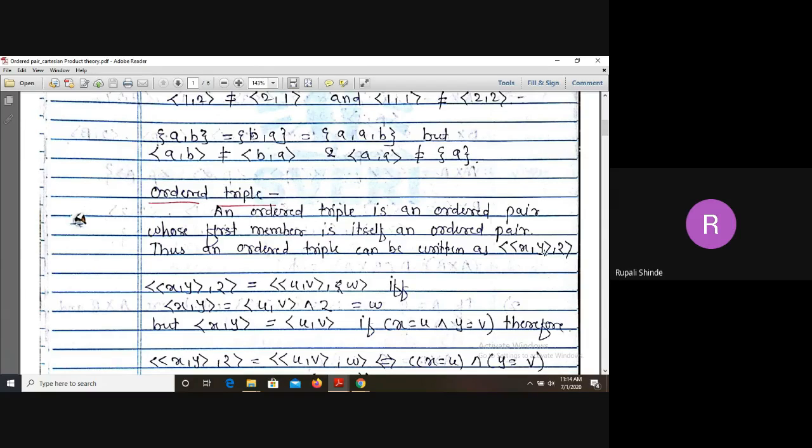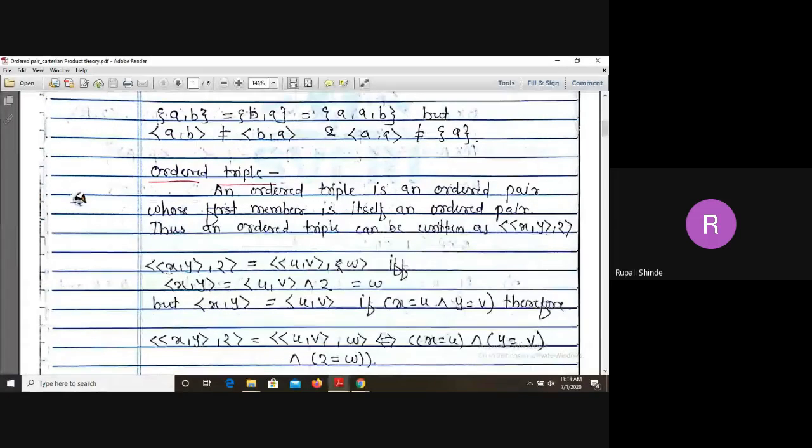Again, it consists of a first element that is an ordered pair itself. So now check here, the first element is an ordered pair. That's why this one is called an ordered triple.